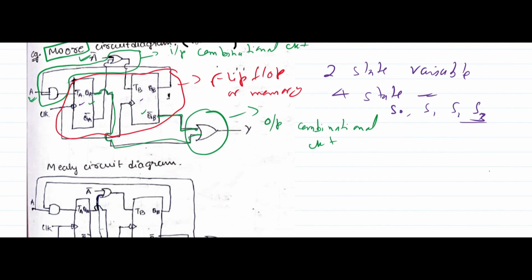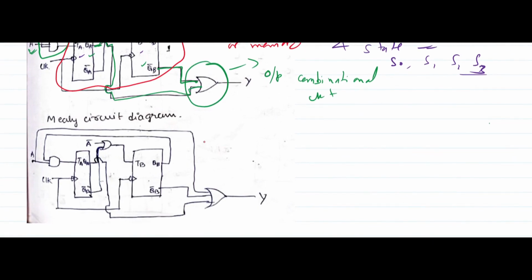Now let's come to an example of a Mealy machine. In this circuit diagram I have an AND gate and an OR gate, and this is the input combinational circuit.